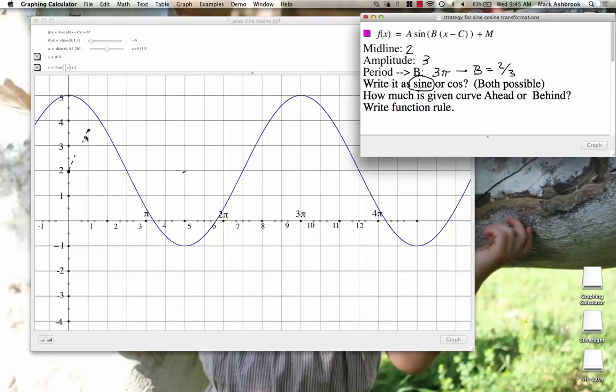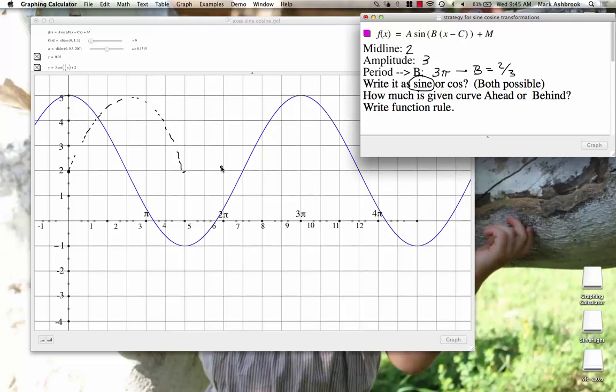So we're going to lightly sketch what the sine would look like without any shift. That's the best sine curve I've drawn all day. Okay, and so the question is, the curve that we want, is it lagging behind or ahead of this one, and by how much?